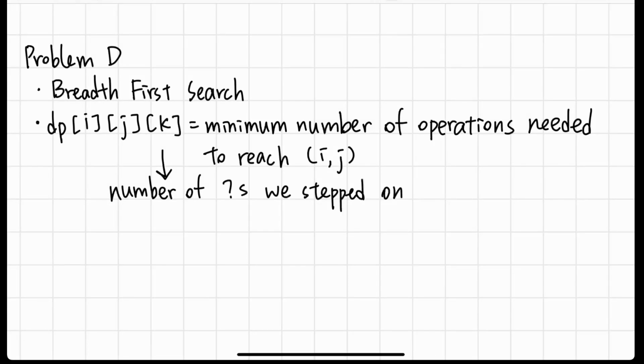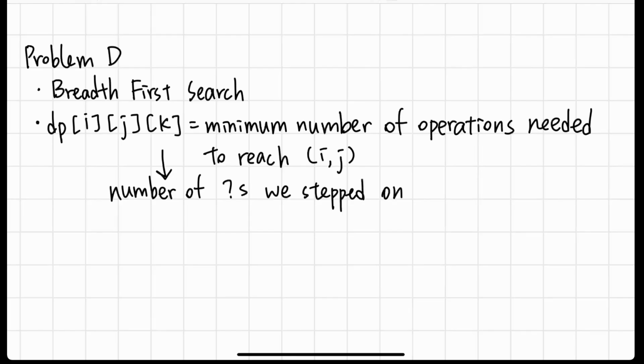For this type of problem where we're operating on a grid and we want to move from a start cell to an end cell, and with a minimum number of operations, we think of using BFS.